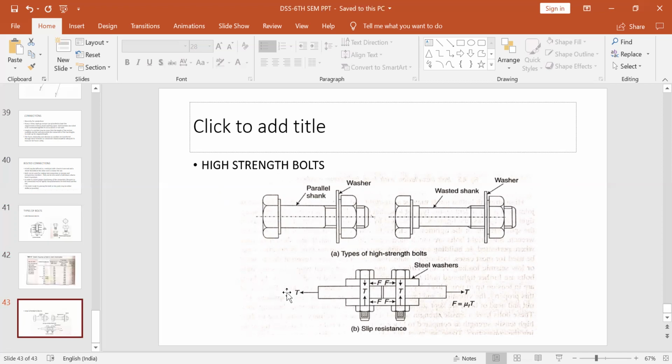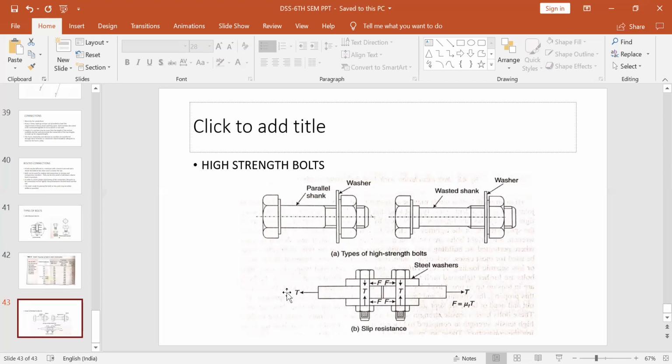So there should be proper contact between the surfaces where load transfer has to occur. Bolted joint. So there is no slip.